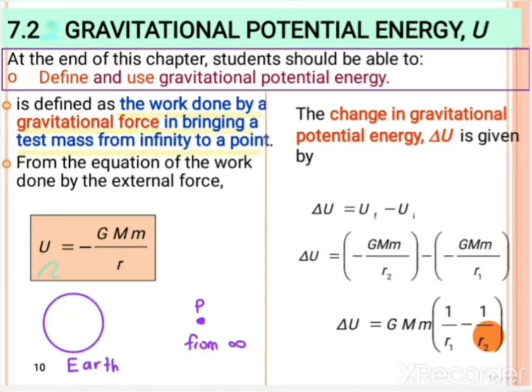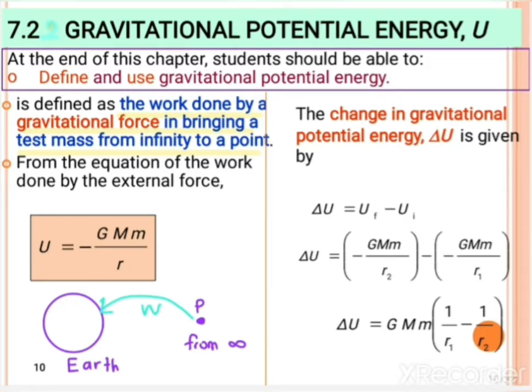So surrounding Earth, we have gravitational acceleration, or gravitational field. So the work done to bring a test mass to the Earth, we call gravitational potential energy. The formula for gravitational potential energy is U equal to negative GMm over r.